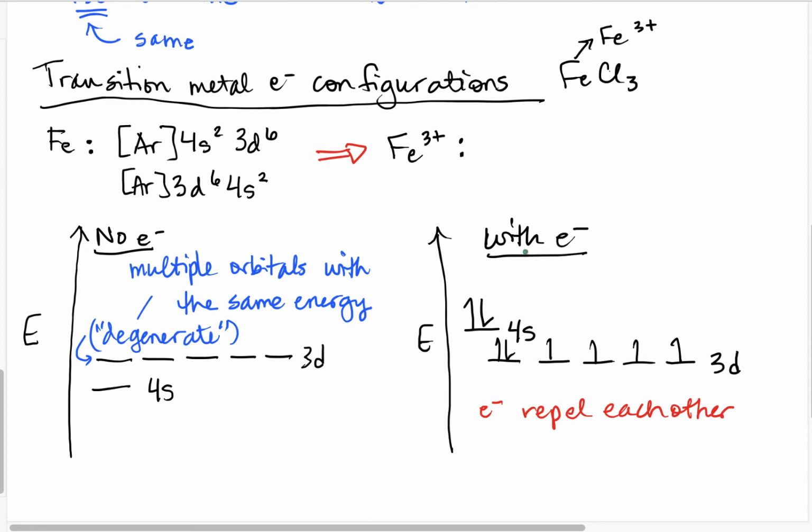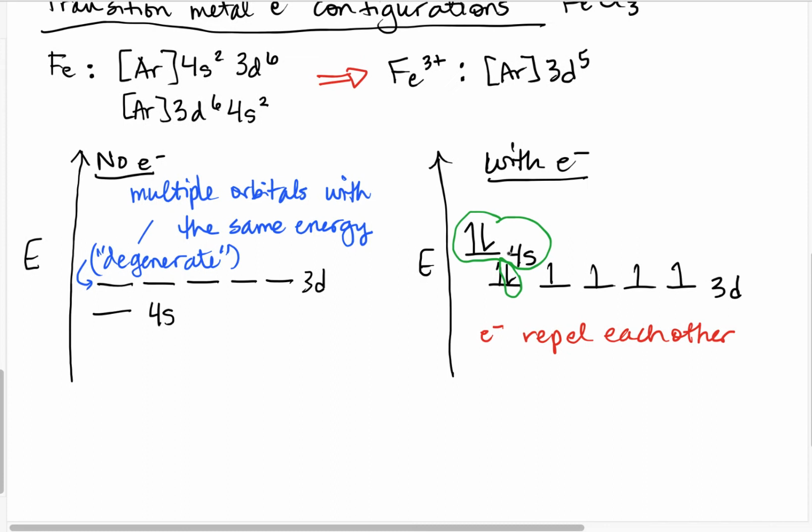We're going to take away the highest energy electrons: the 2 of them that are in this 4s orbital, and then one of the ones that is paired up here. So our electron configuration after is still the argon core, but we will only have 3d5 for the rest of it.